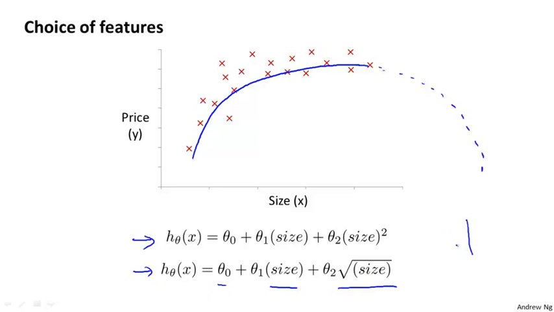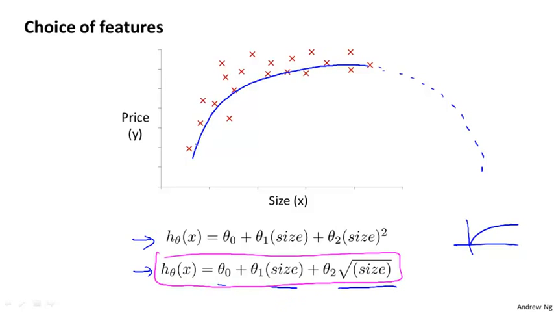So the square root function is this sort of function, and maybe there will be some value of theta 1, theta 2, theta 3 that will let you take this model and fit a curve that goes up but flattens out a bit and doesn't ever come back down. And so by having insight into the shape of the square root function, and into the shape of the data, by choosing different features, you can sometimes get better models.